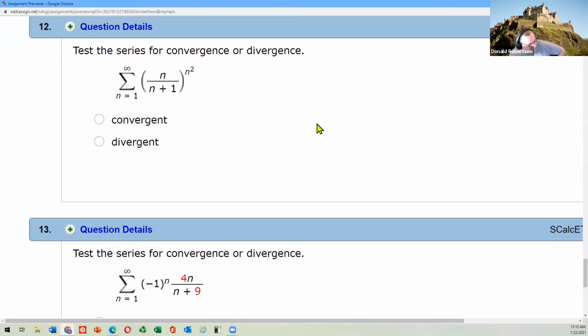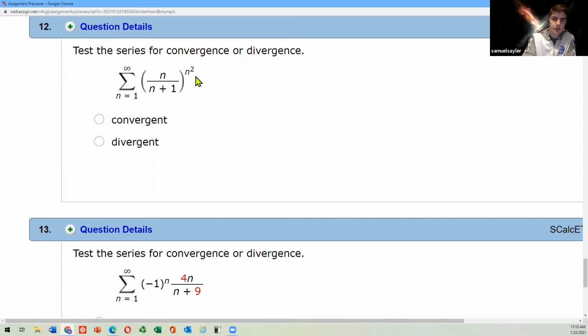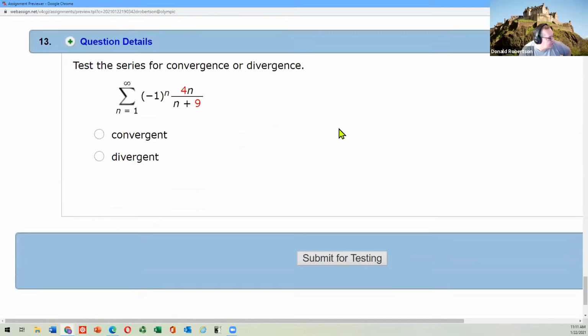How about this one? I think this is obvious. I hope it is. What test for 12? Isn't the key here that funny little guy up there? Yeah. Anything with a whole big chunk of stuff to the power of n, or to the power of 2n, or the power of n squared, is very often going to be the nth root test.